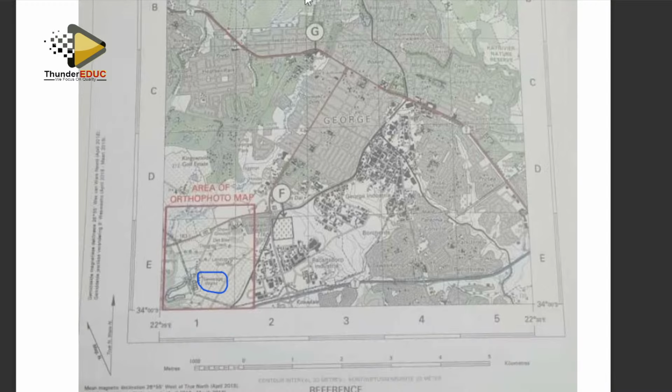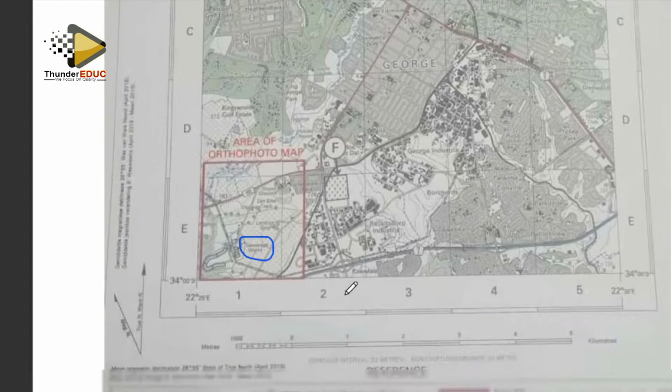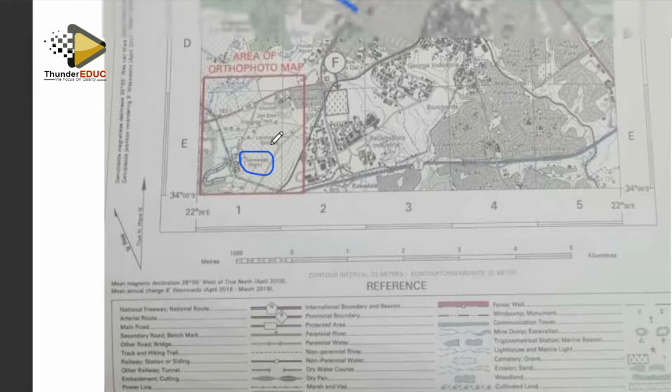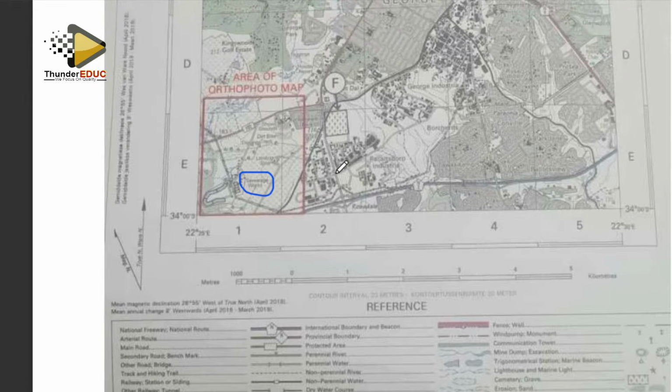Which other evidence do we have there? Let me see if we have any other evidence. I'm looking for any other evidence there. Here we don't have many people occupying this place. It's an open space.